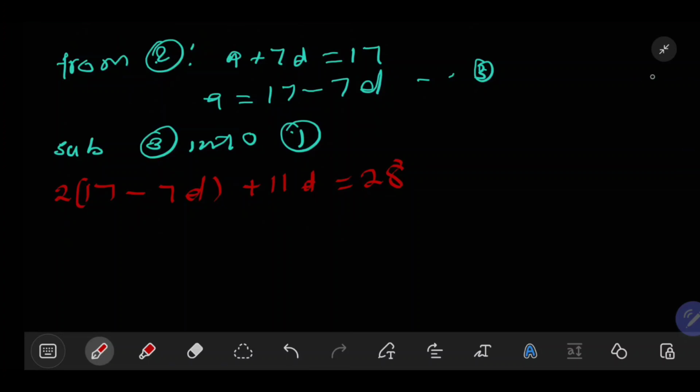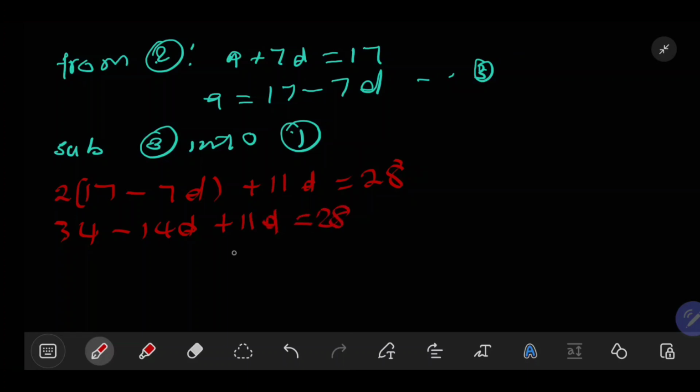We have 2 multiplied by 17, which gives 34, then minus 14d plus 11d is equal to 28.